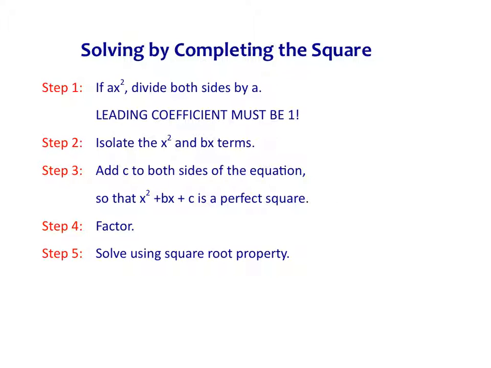Step 3, add c to both sides of the equation so that on our left-hand side, x squared plus bx plus c is a perfect square. The reason we are going to do that is because then we can easily factor that, and that will make this equation solvable. Step 4 is to factor that perfect square trinomial. And step 5, solve using the square root property, which we have already learned about. Let's give 2 examples a try.